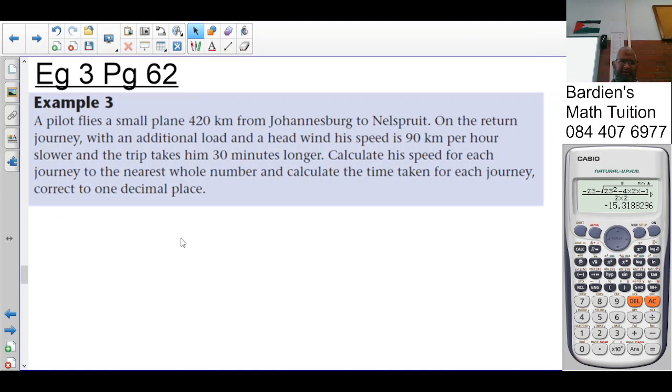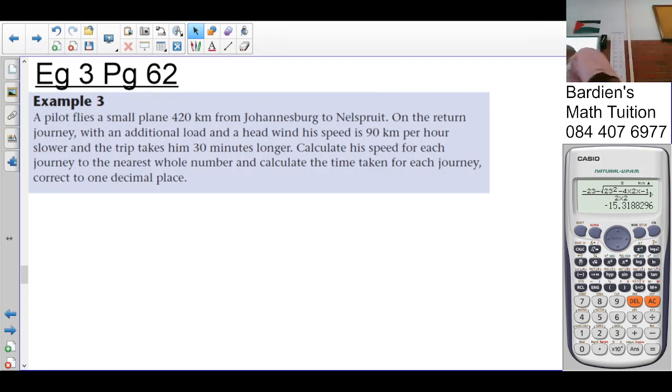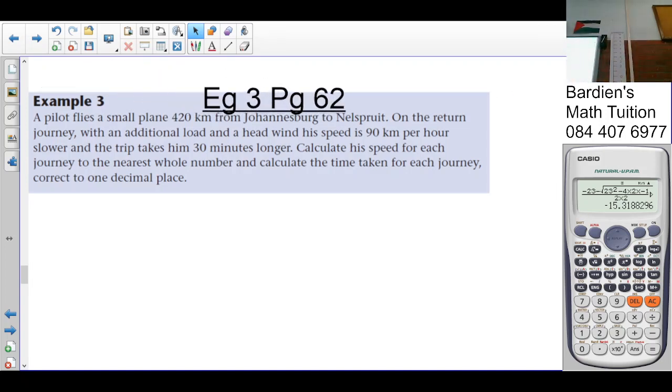People, example 3 on page 62. We are told that the pilot flies a small plane 420 kilometers from Johannesburg to Nelspruit. So whenever we get this question, we draw a table.